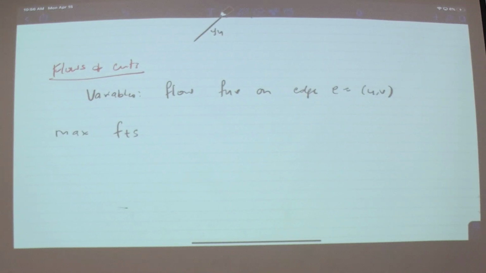This allows me to talk about things as circulations, where every vertex has to have the same flow coming in, whether it's a source or sink. It's just a nice, easier way of talking instead of distinguishing source and sink.